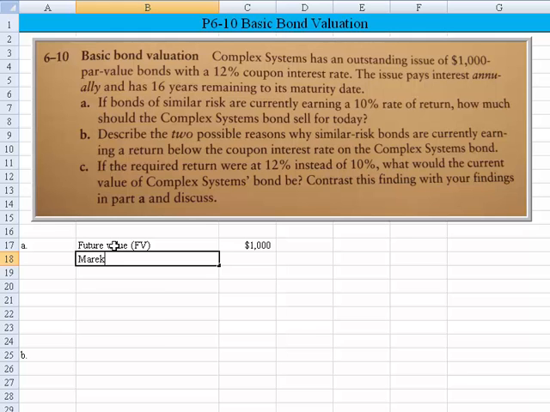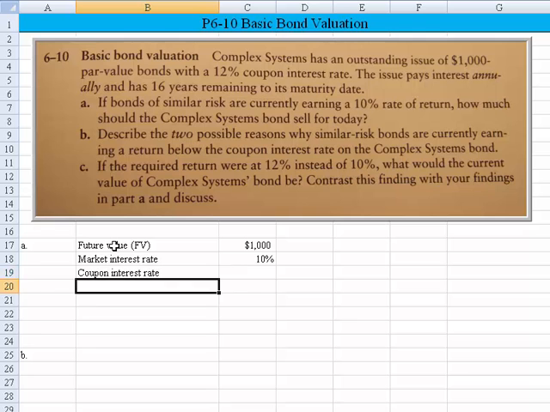Okay, then they tell us that the market interest rate on the bonds is 10%. The coupon interest rate given in the problem is 12%. Okay, the next variable we need to know is the annual interest payment.